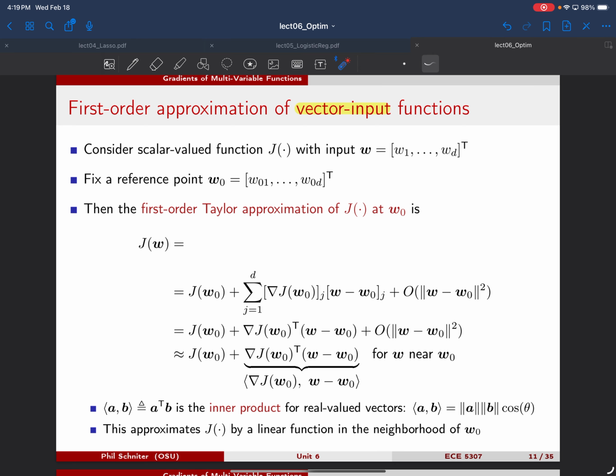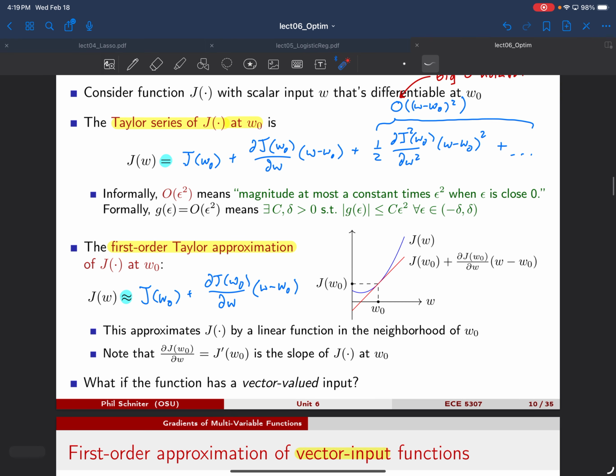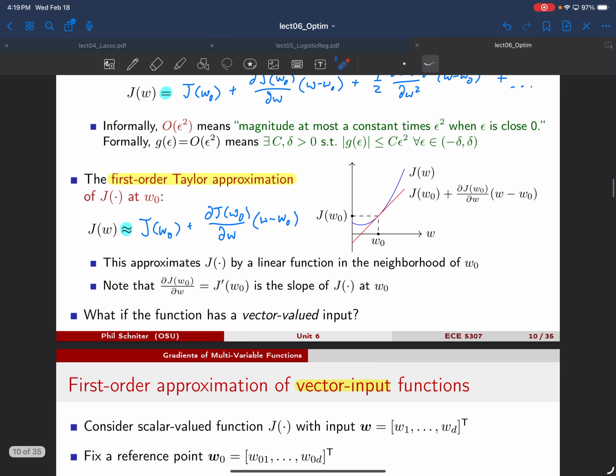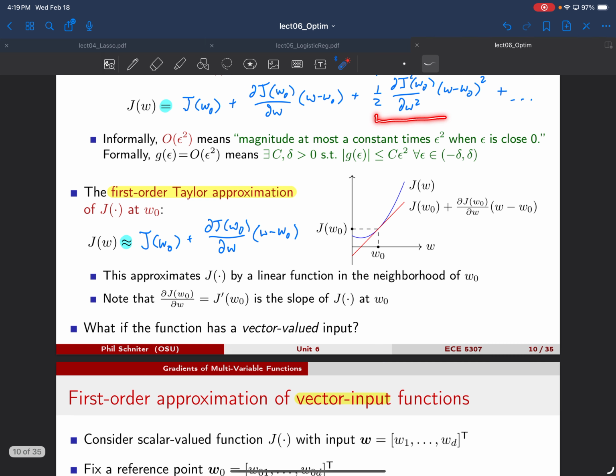And now the first order Taylor approximation, it's really in spirit the same idea, except that now we're going to have a sum of these scalar derivatives, but the sum is going to be over each of the scalar variables in this vector. So we're going to have one of these for every one of those variables, and we're going to have one of these for each of those variables.